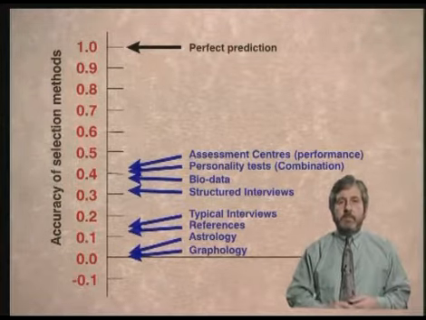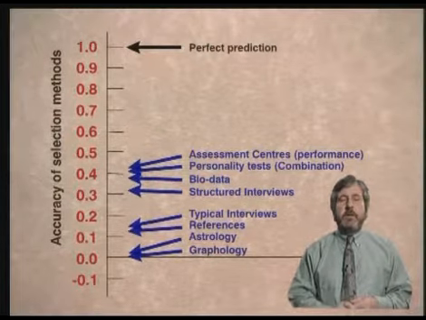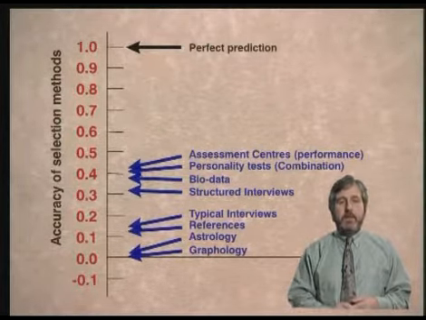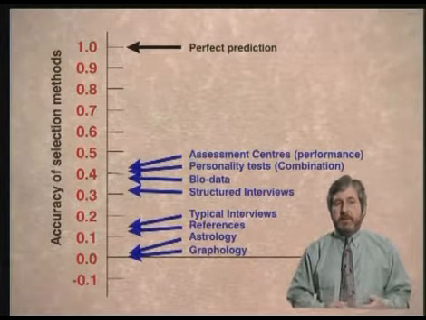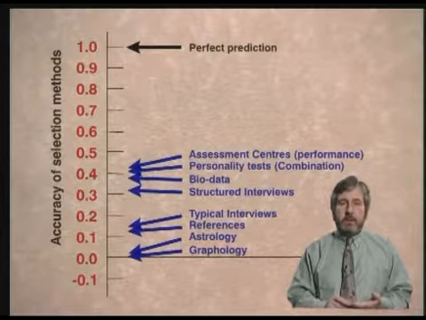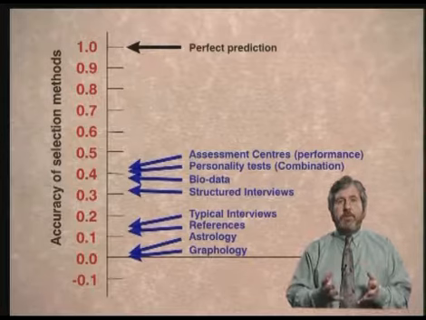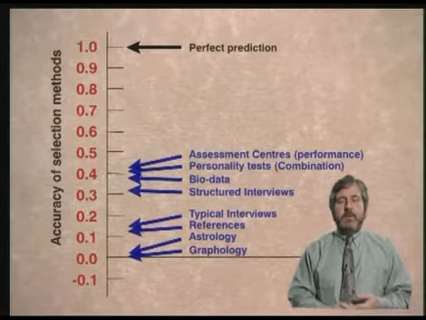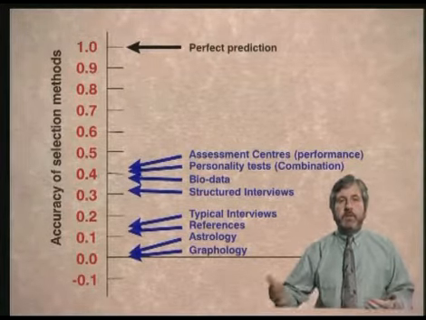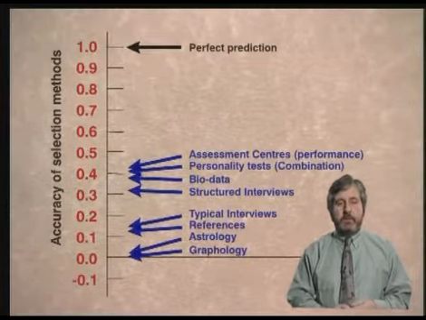The tasks themselves have been selected because they are characteristic of the work that the person will have to do if they're employed. This tends to combine personality assessment, interviews, and a number of other characteristic activities like in-trays or group discussions. So you get a kind of sampling of the job, and the activities can range from half a day in duration through to a number of weeks, although typically a day or two is what occurs.